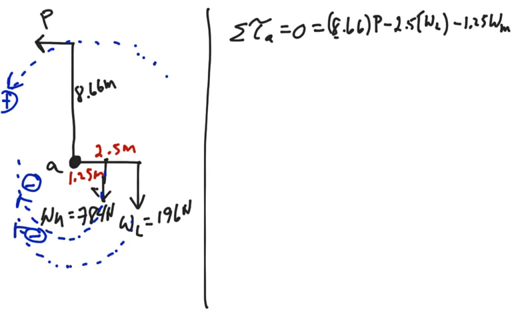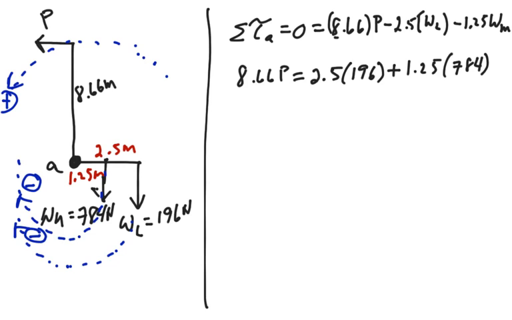Alright, so I have that 8.66 P is equal to 2.5 times the weight of the ladder, 196 newtons, plus 1.25 times the weight of the man, 784 newtons.